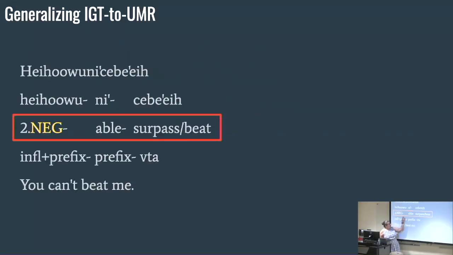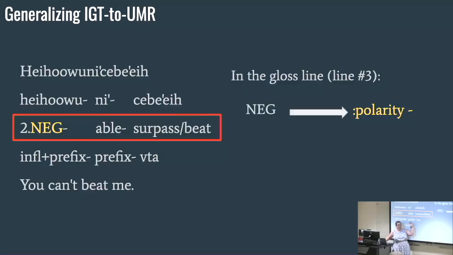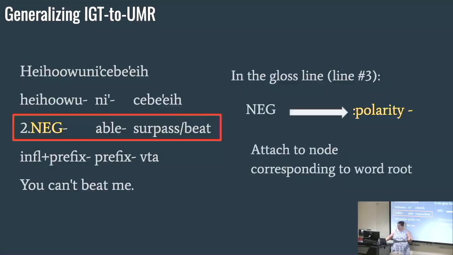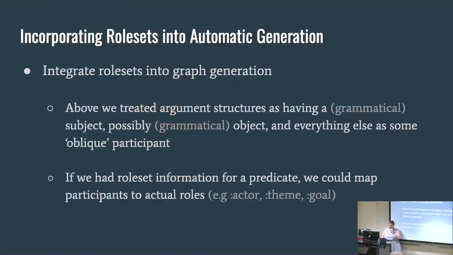Then our system can look for that particular label in that particular tier of the IGT, and based on that, generate this polarity attribute with a negative value, and attach that node to the corresponding root word in the graph. So that's the idea of this system. We have a fairly complicated system for Arapaho, and we're still working on making this more generalizable.